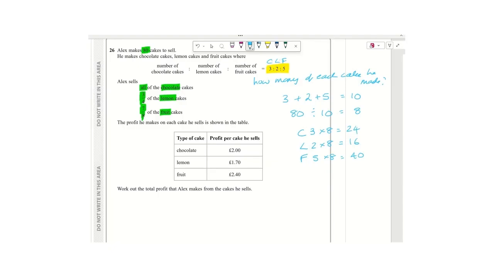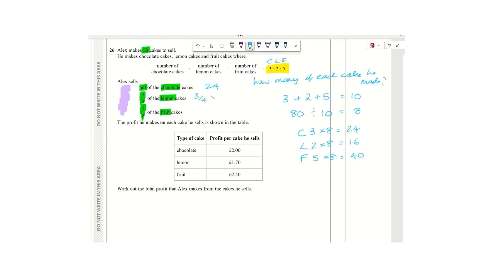So we then need to look at this part here where it's telling us how many he sold of each cake. So he sold all of the chocolate cakes. So we know he sold 24 chocolate cakes. He sold 3/4 of the lemon cakes. So he made 16 lemon cakes.